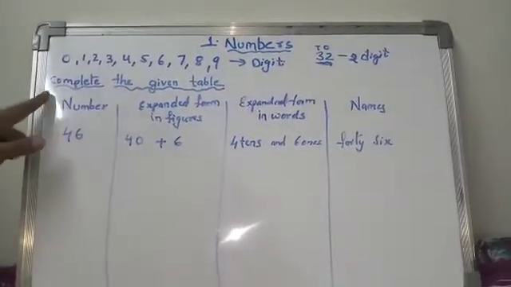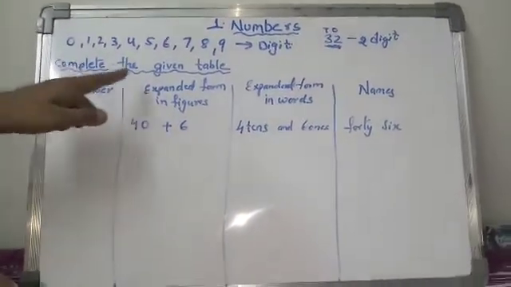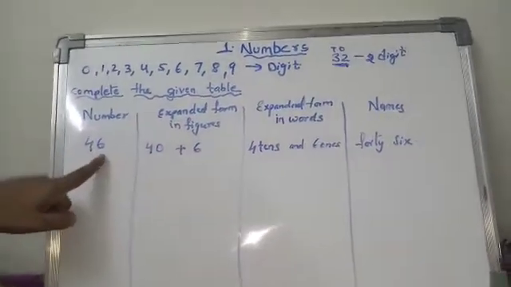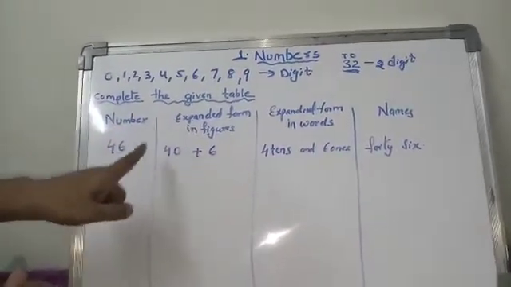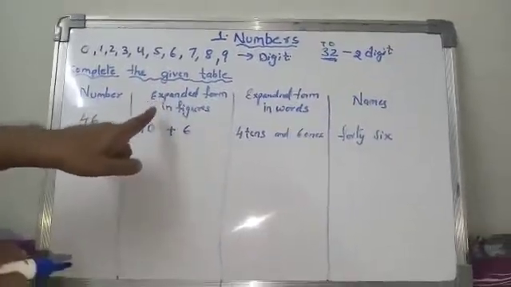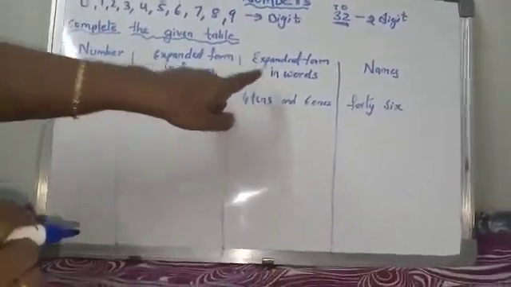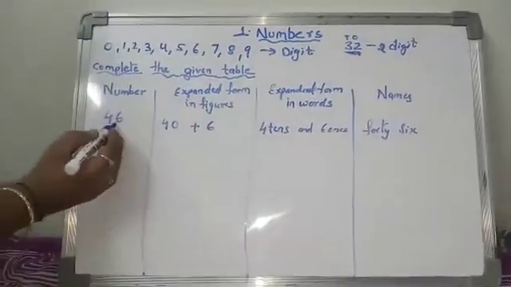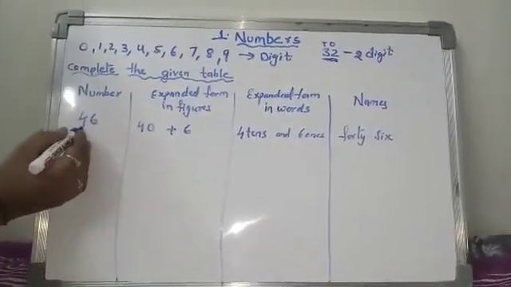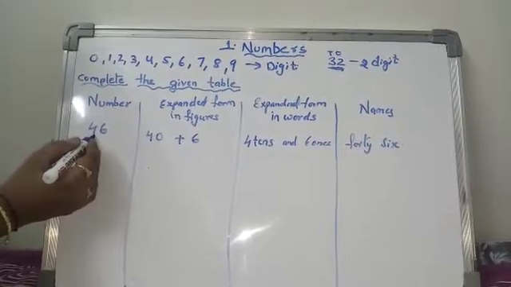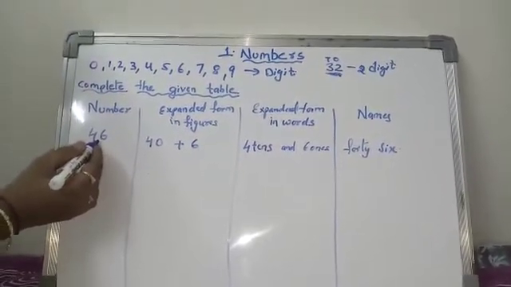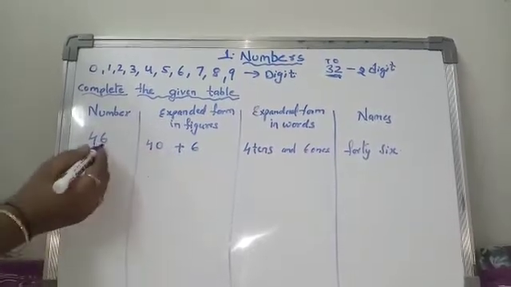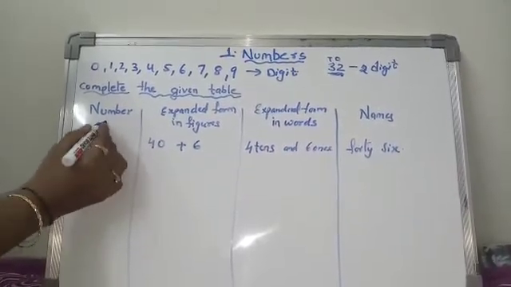Now, we'll complete the given table. For example, 46 is the number. We have to write this 46 in the form of figures, in words and in names. How will you write 46? 4 is in the tens place, so how many tens are there? 4 tens, that is 40, plus 6 in the ones place.